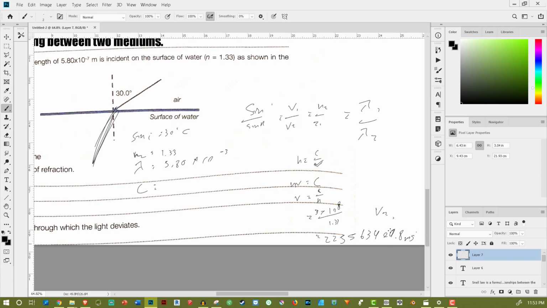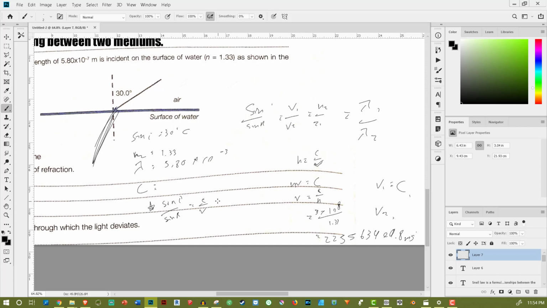Nice. V1 will be equal to C. So therefore, by using this formula, we conclude that sin alpha and sin refractive equals C over V. Wait a second. Look at the formula again.